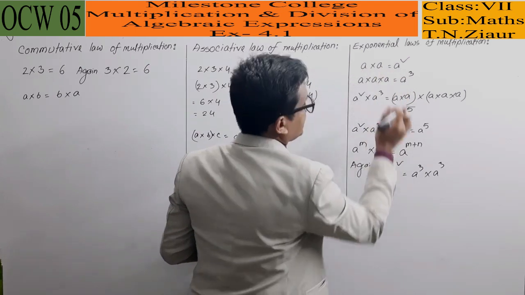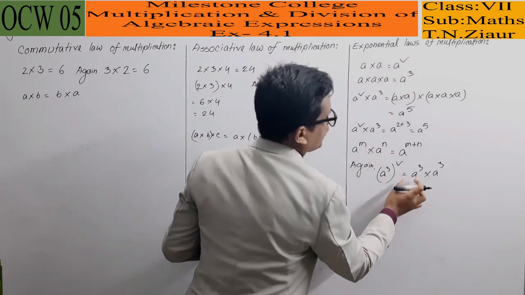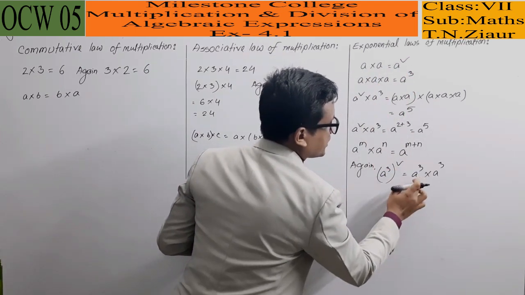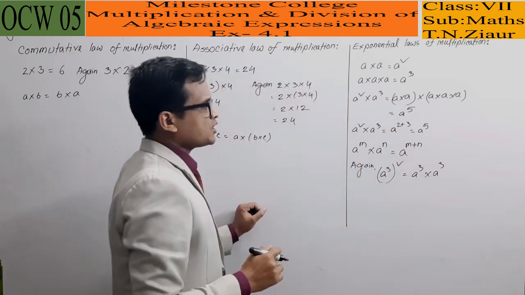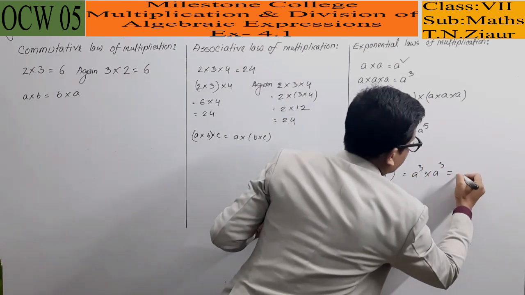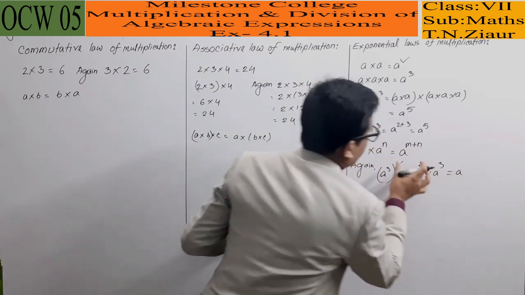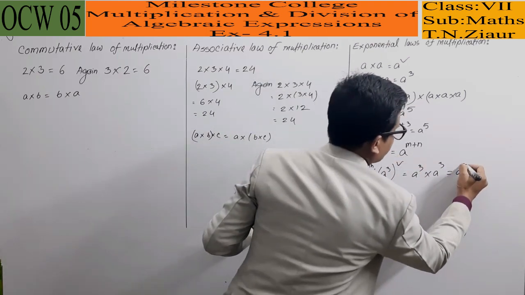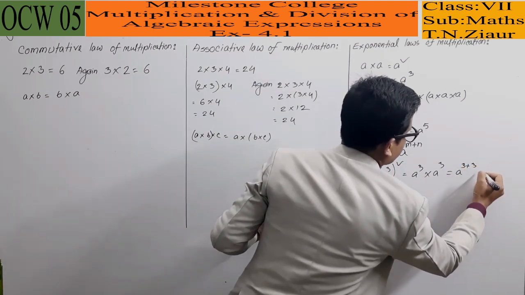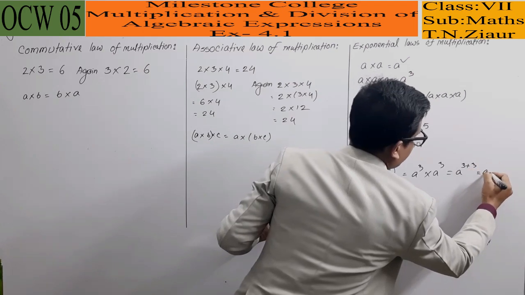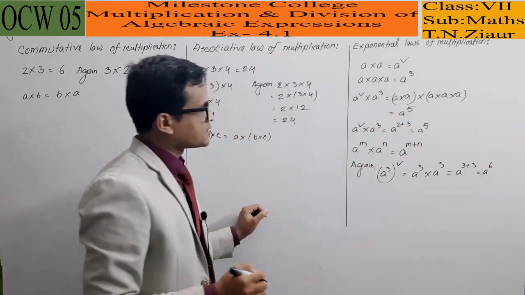So a cube whole square means a cube into a cube. By using this formula we can write 3 plus 3. That means what will it be? A to the power 6.